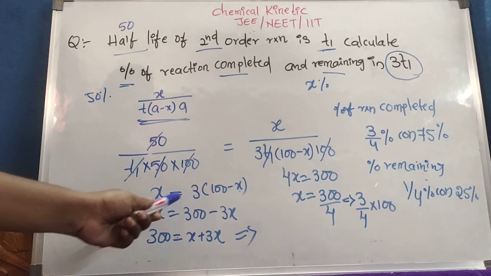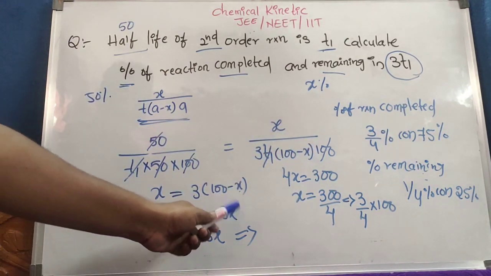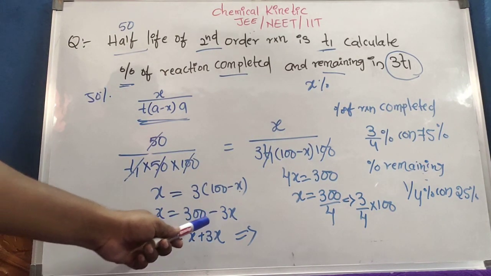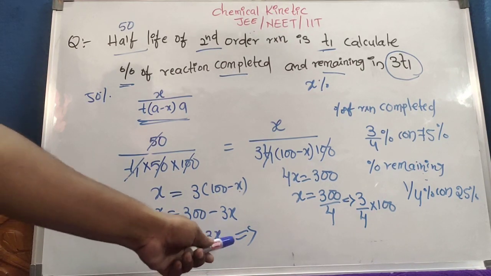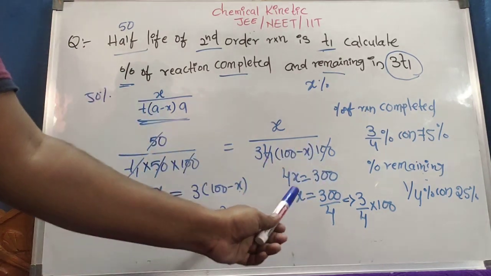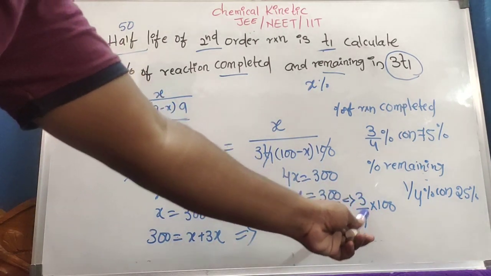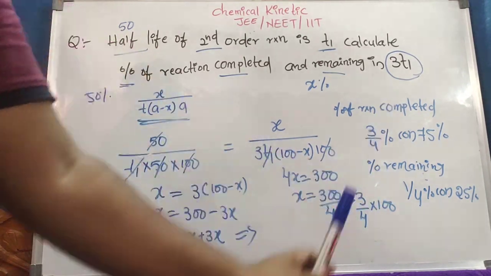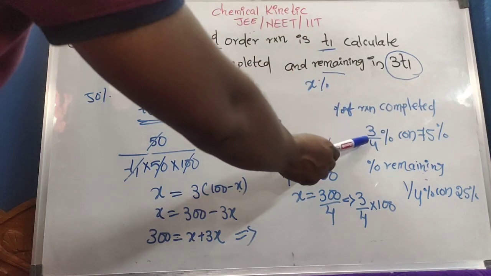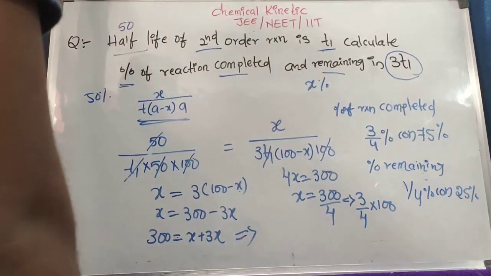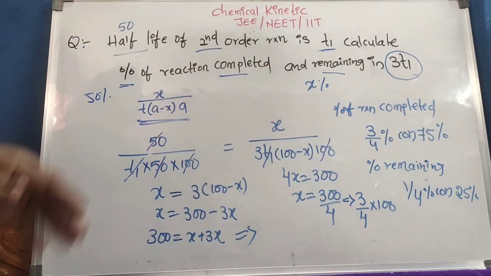So X equals 300 minus 3X, so 300 equals 4X, and X equals 300 by 4. We can write this as 3 by 4 into 100, so the percentage of reaction completed is 75%, and the percentage remaining is 25%.